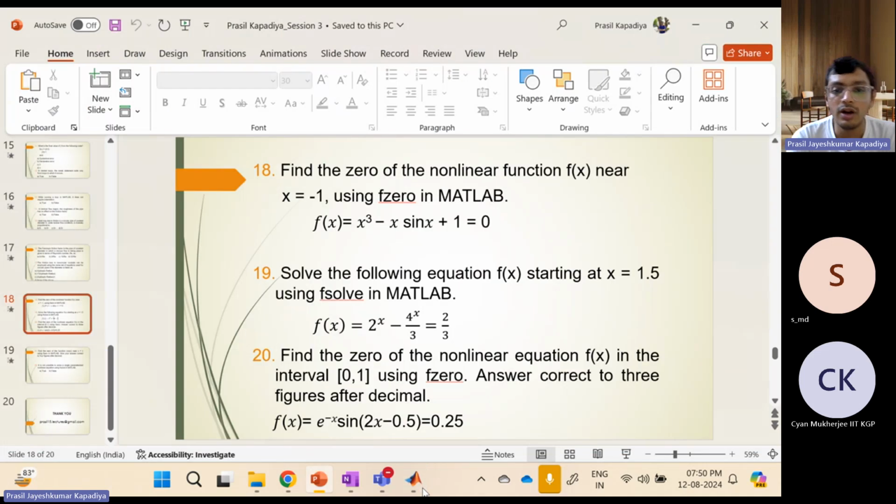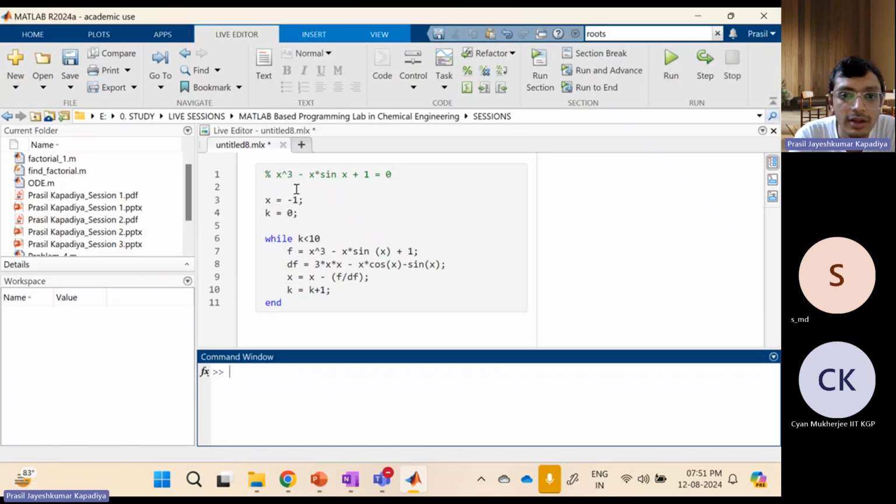2 raised to x minus 4 raised to x divided by 3 is equal to 2 by 3. Find a solution of this. So let's first do this using Newton-Raphson method.